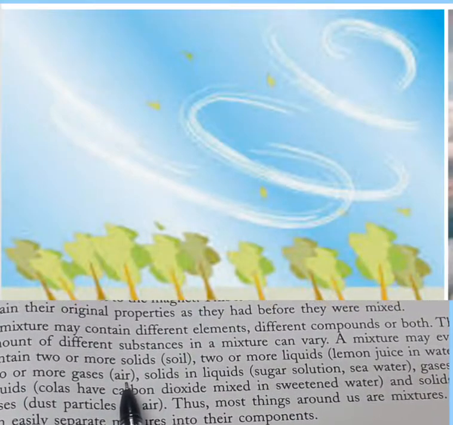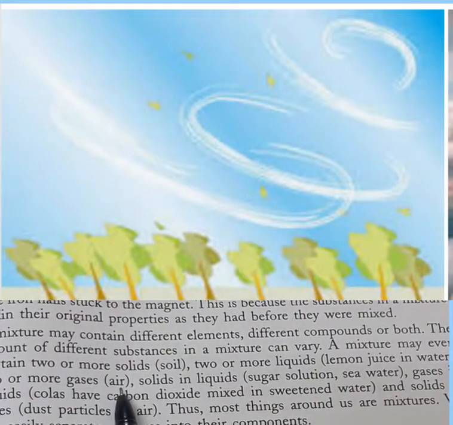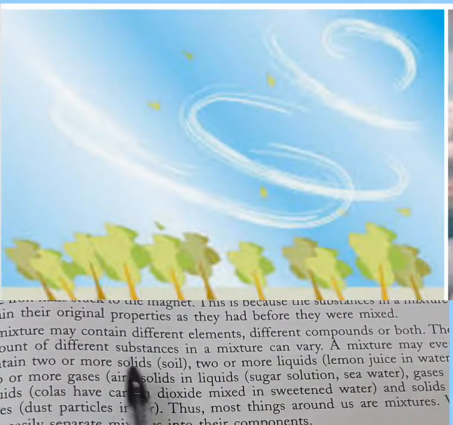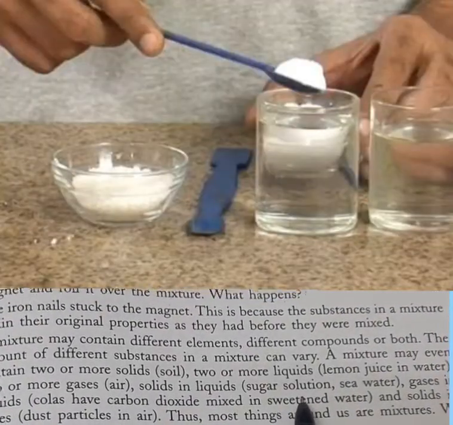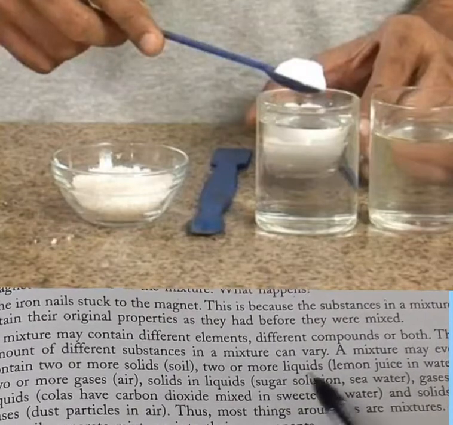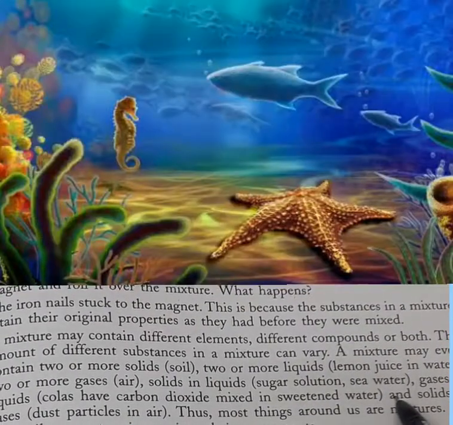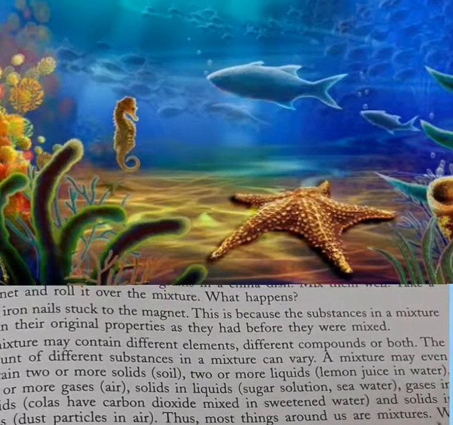As we have discussed in the last chapter, air is a mixture of many gases: oxygen, carbon dioxide, nitrogen, and so on. Solids in liquids, that is sugar solution. When we put sugar in water, it is a mixture of sugar solution. And sea water, in sea water there are so many things, so that is also a mixture.